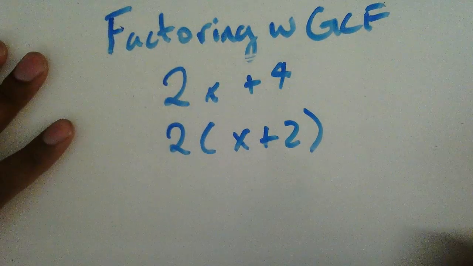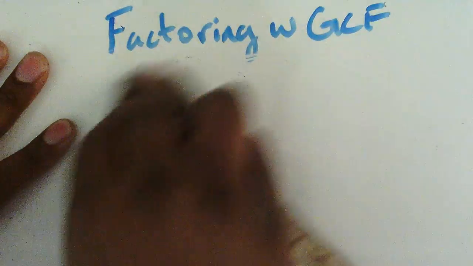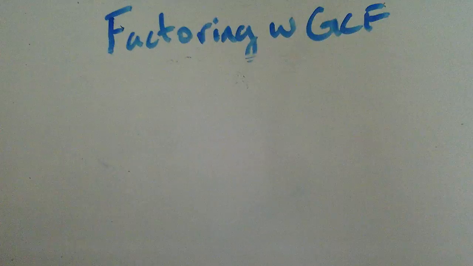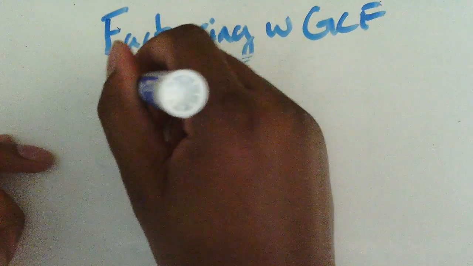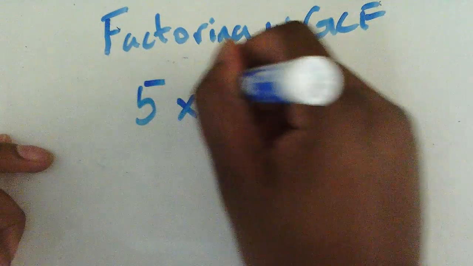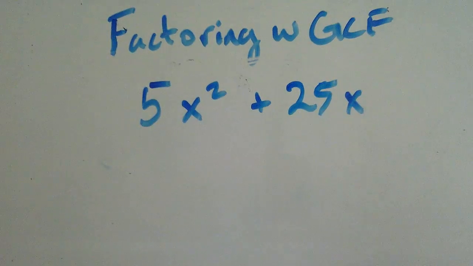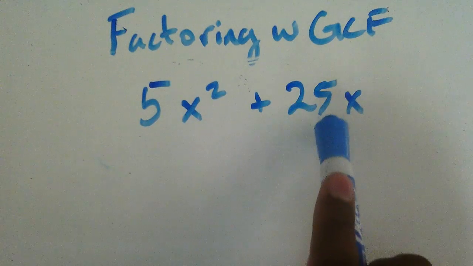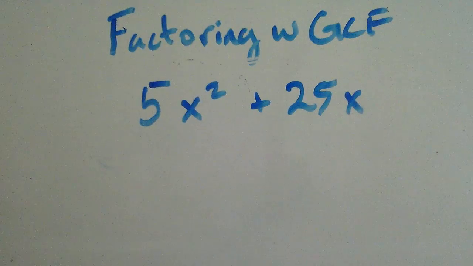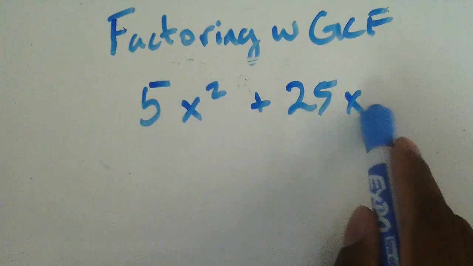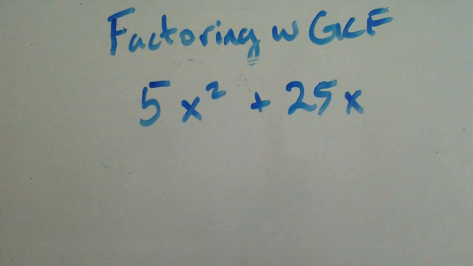Let's do another one. What if you had 5x squared plus 25x? Well, what factors in both of these terms? A 5 is definitely right. What else? An x.